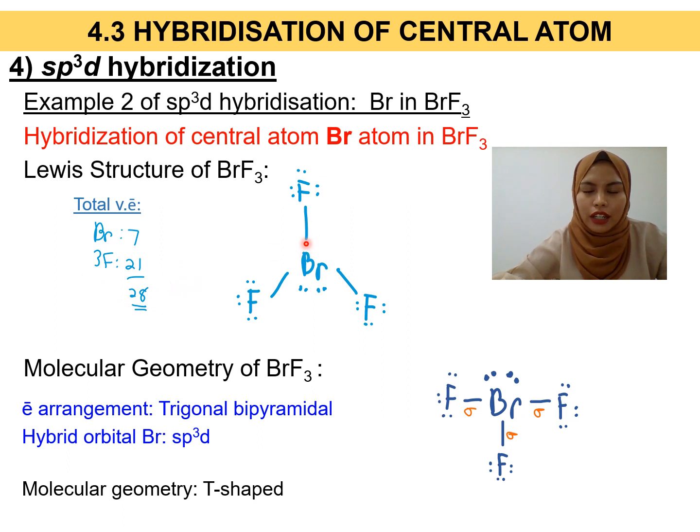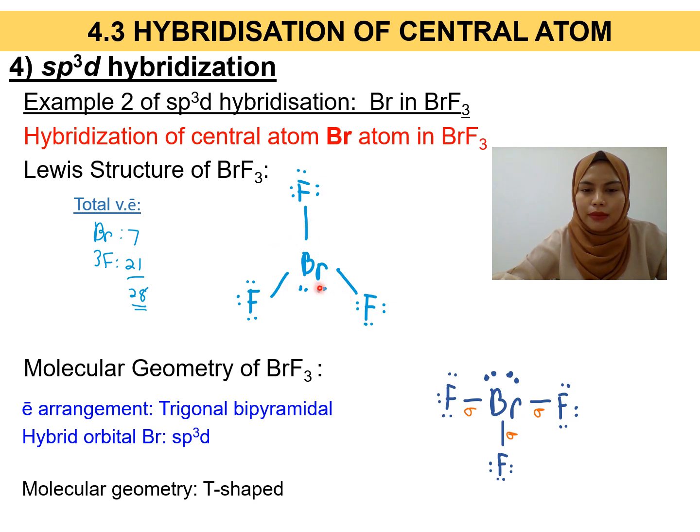And after that, you draw the skeletal structure untuk Br dan juga F3. Okay, so Br is going to be the central atom, F is going to be the terminal atom, and after that you need to octetkan everything. Okay, so bila you octetkan everything, you know that Br ni dia mula-mulanya dia ada 3 single bond.